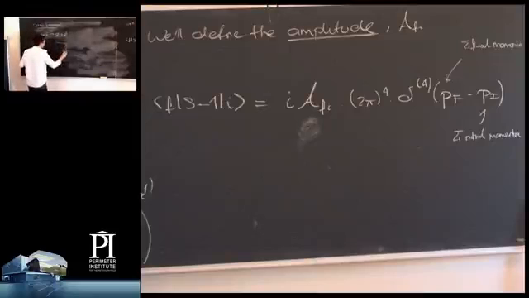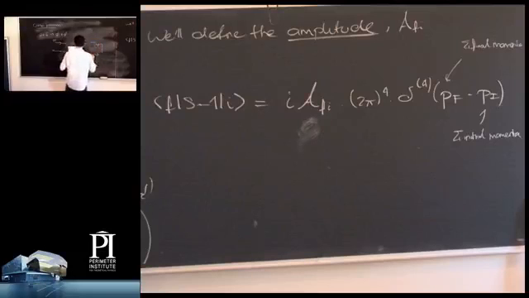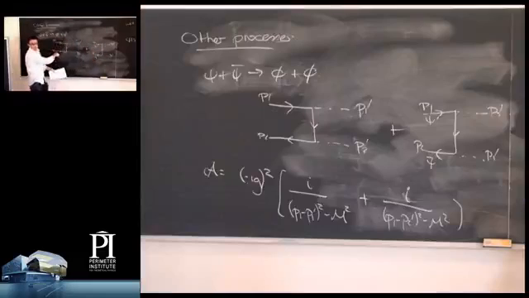What are the diagrams for that? Two diagrams. These are the mesons. These are the nucleons. This is the nucleon, and this is the antinucleon, which you can tell because the arrows are going the opposite way. So this is psi, this is psi bar in both of these.